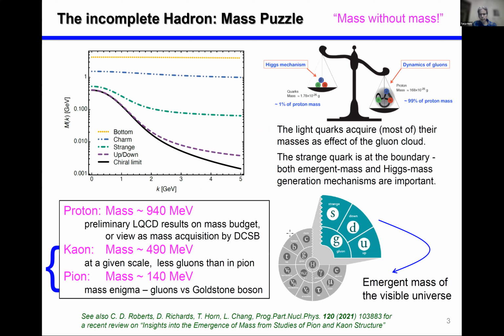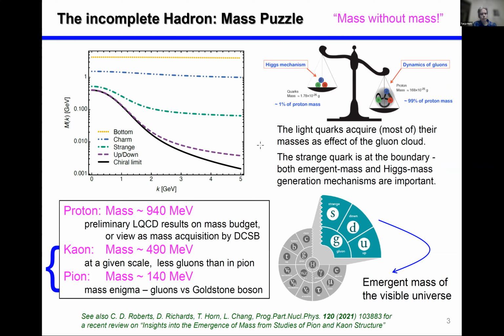So if you start maybe here, just taking a brief overview look, and most of us are of course familiar with this, essentially the mass of hadrons is mainly given, or 99% given, by the dynamics. So basically, we say here the light quarks acquire most of their masses as the effect of the gluon cloud.